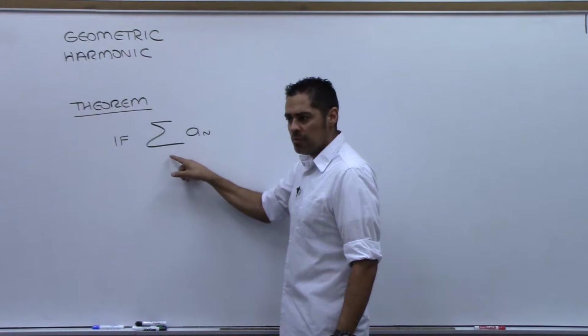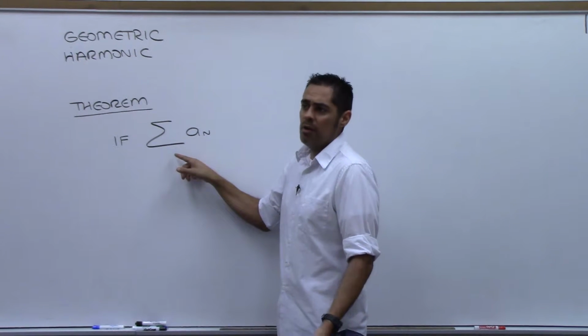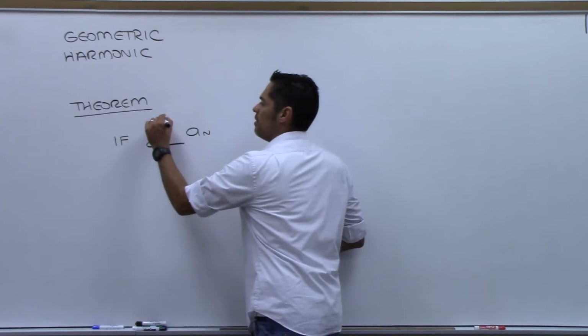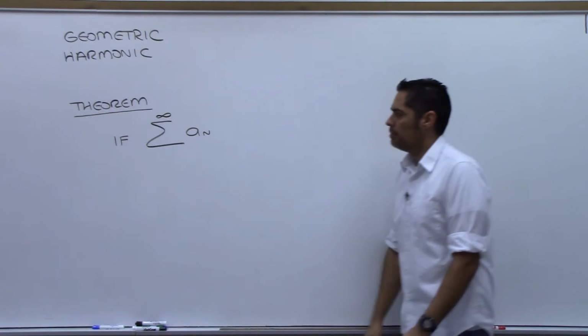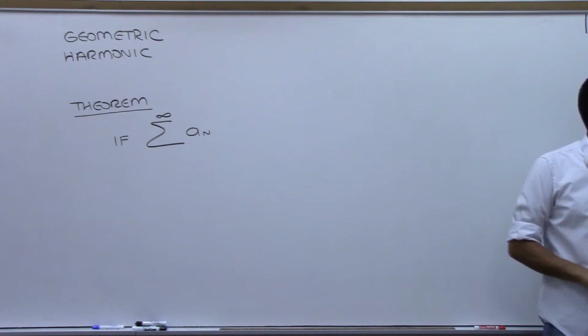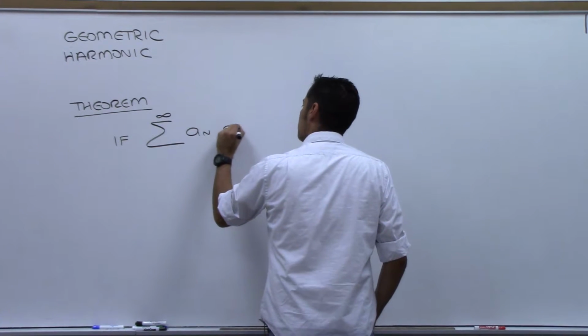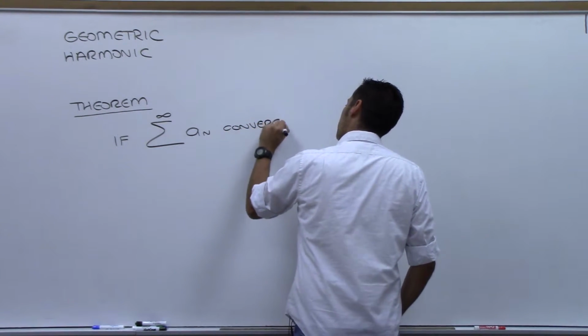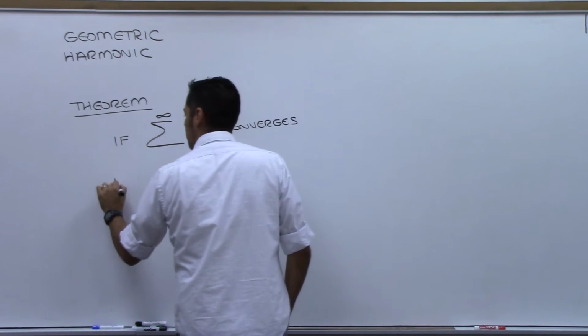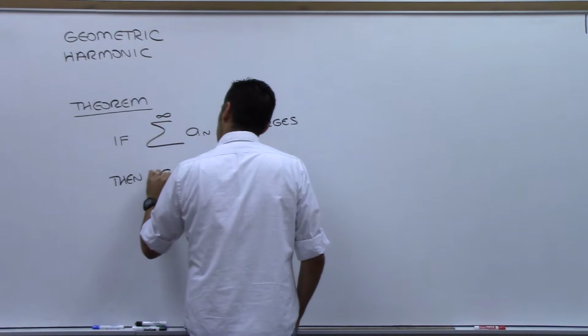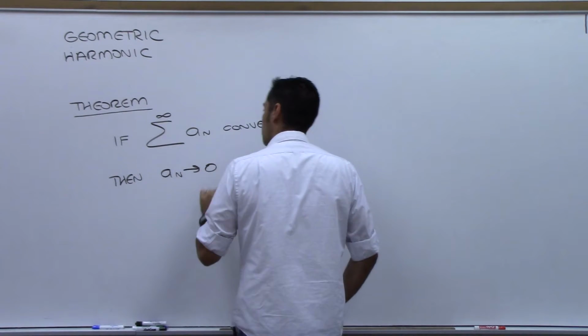I'm not going to put n equals 1 because it could be n equals 0. Doesn't matter. We're just going to assume that this is an infinite series. If this series converges, then a sub n must go to 0.